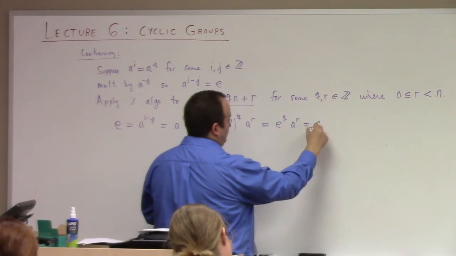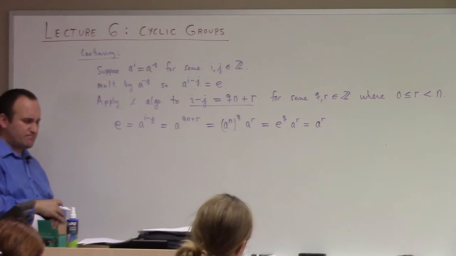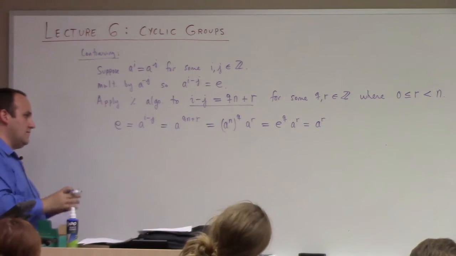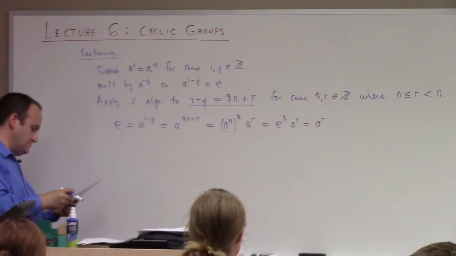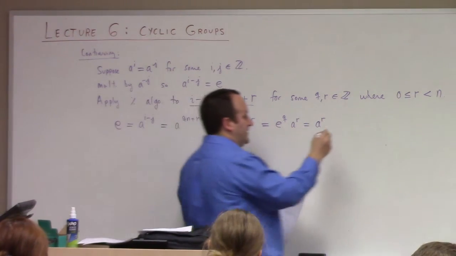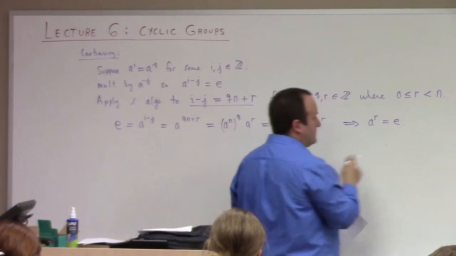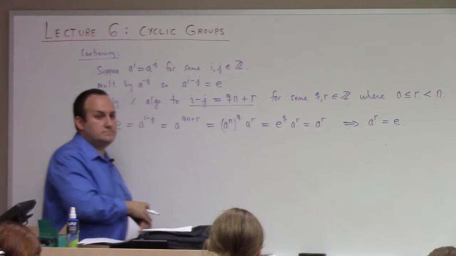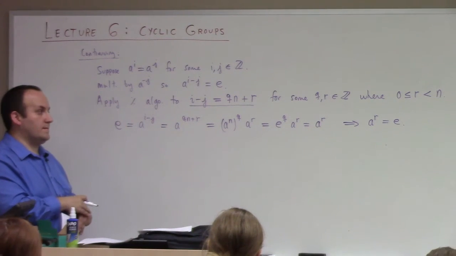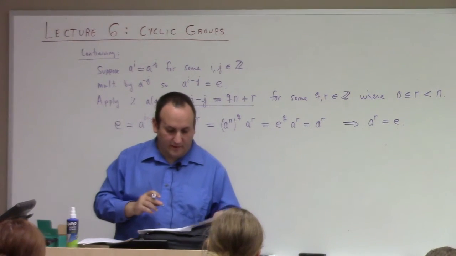So that's just a to the r again. Then what? So just to summarize here, we have what? a to the r is equal to e. But what does that say about r?